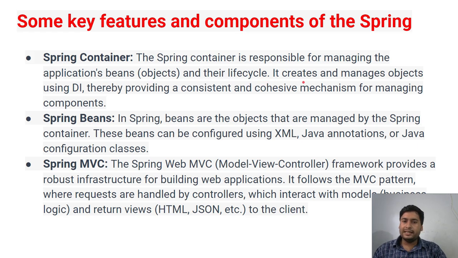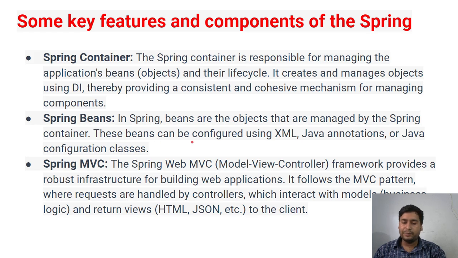And their life cycle, it creates and manages objects using dependency injection, DI. Whenever you see DI, it means dependency injection, thereby providing a consistent and cohesive mechanism for managing the components. A Spring bean is an object that is managed by the Spring container.